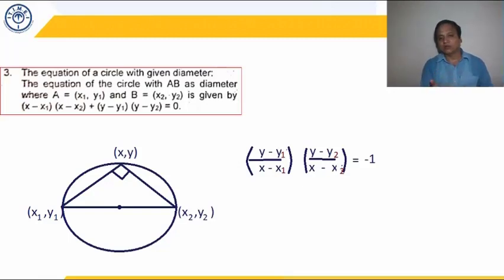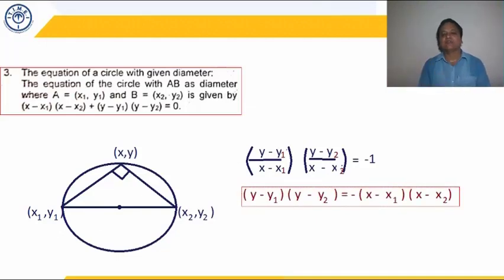Since these two lines are perpendicular, their product is equal to −1. So we take the denominator on cross multiplication to the right hand side. This gives (y − y1)(y − y2) = −(x − x1)(x − x2). Now we take the term on the right hand side to the left hand side, and it becomes plus.